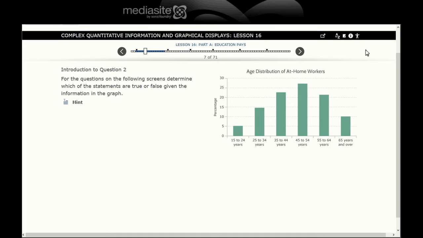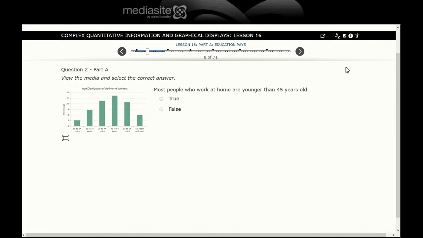Okay, for the question on the following screen, determine which of the statements are true or false, given the information. All right. Most people who work at home are younger than 45. So we're looking for younger than 45, which means 44 and less. And it should also be greater than 50% to be the majority.